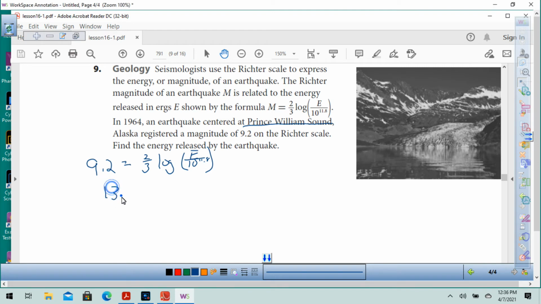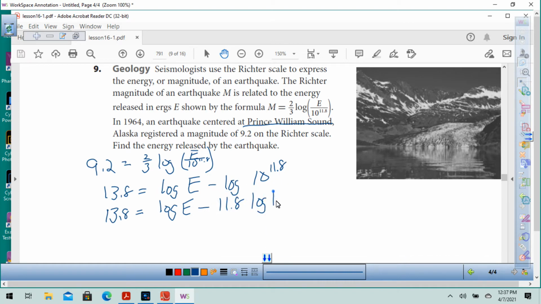So I have 13.8 equals log E, and I'm going to rewrite that as log E minus log 10 to the 11.8. Now log 10 is just 1, so 13.8 equals log E minus 11.8 log 10.